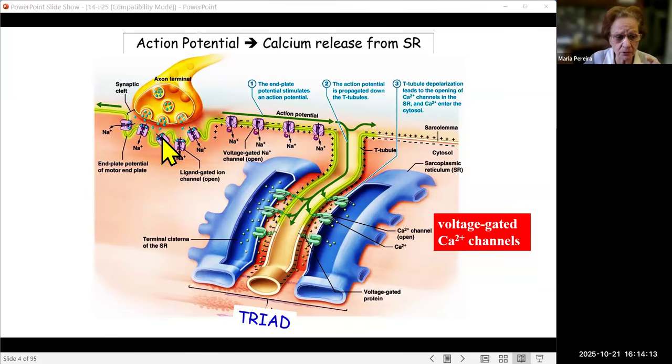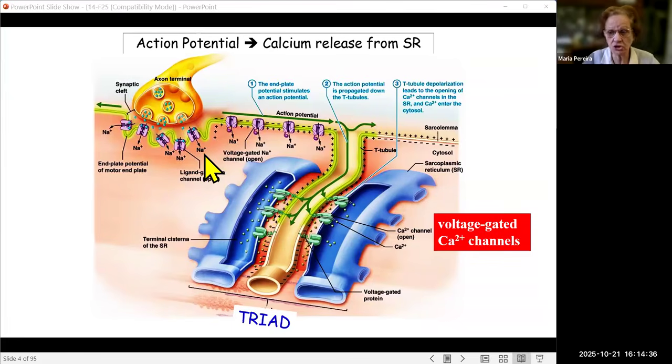But here the most important event is the entering of the sodium ions. So now, instead of being negative, the inside is positive, and this signal is transmitted.